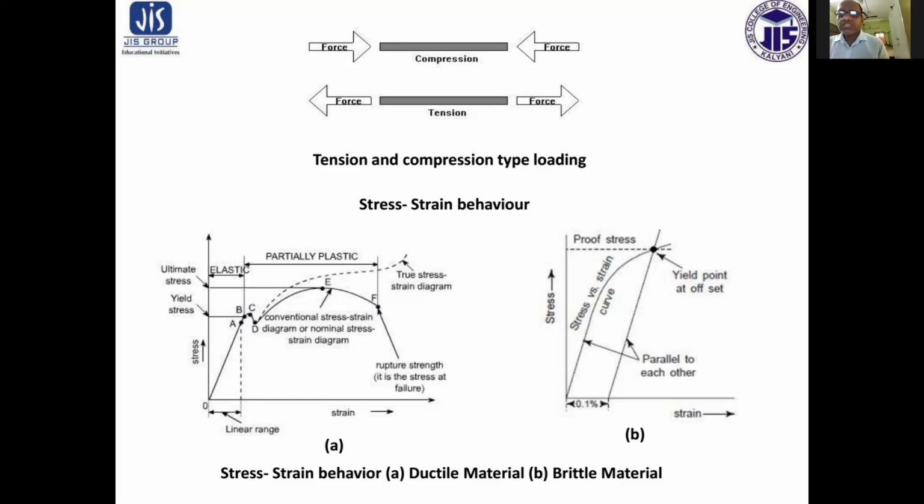This curve is shown for a pure ductile material. The dotted line shows the ductile material's true stress strain diagram. In the engineering stress strain diagram, we always measure the original cross sectional area.